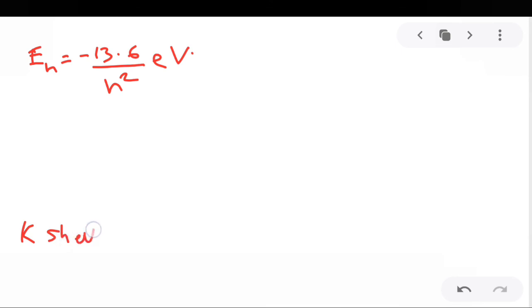Now for the hydrogen atom, we have seen En is equal to minus 13.6 divided by n square electron volt. So for the K shell, that is n equal to 1, energy is equal to minus 13.6 electron volt.